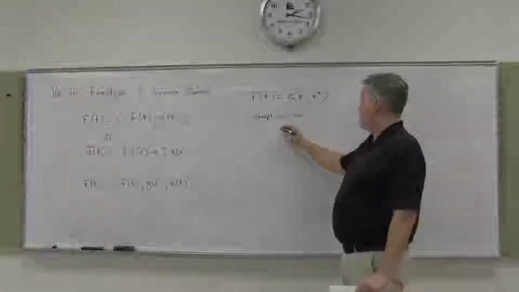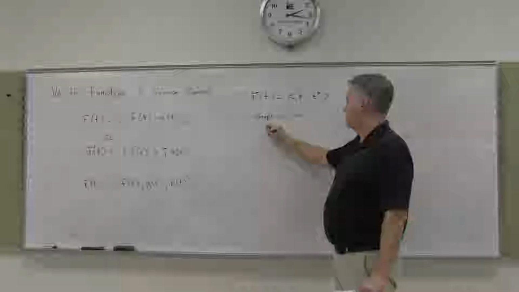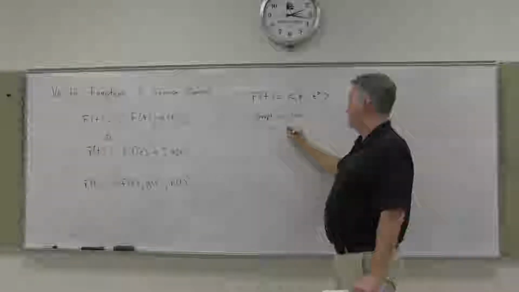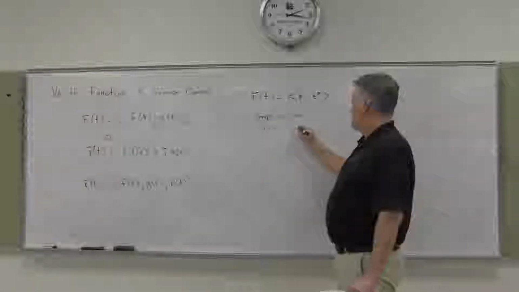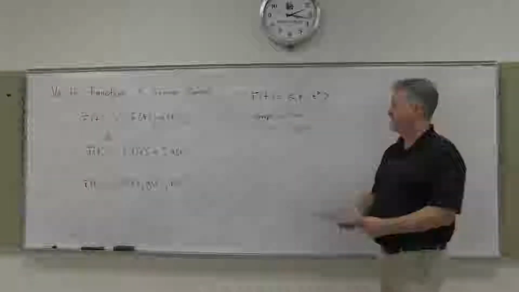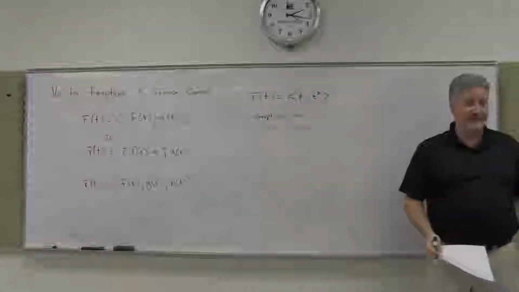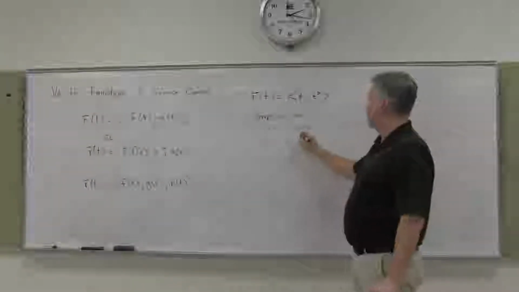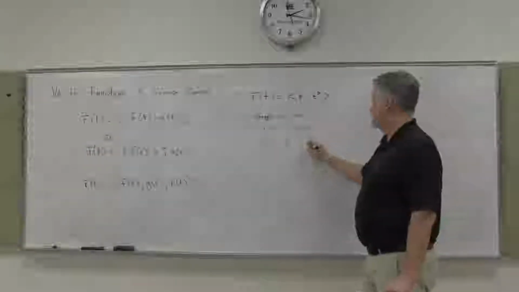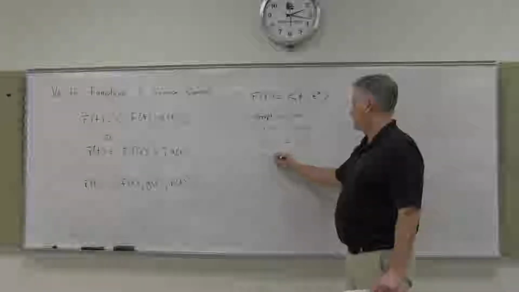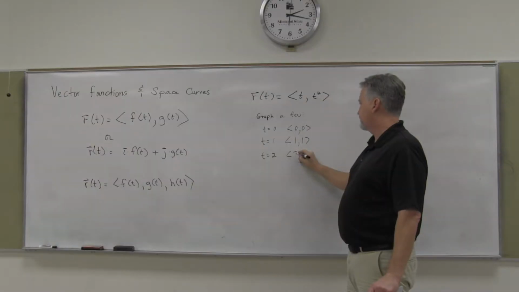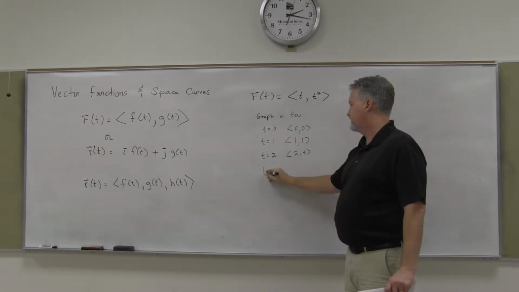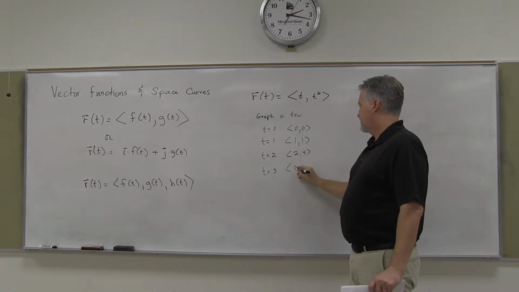T equals 0 is not very interesting, because that just gives you 0, 0, so it's just the point. T equals 1 gives us the vector 1, 1. T equals 2 gives us the vector 2, 4. And then t equals 3 would be the vector 3, 9.